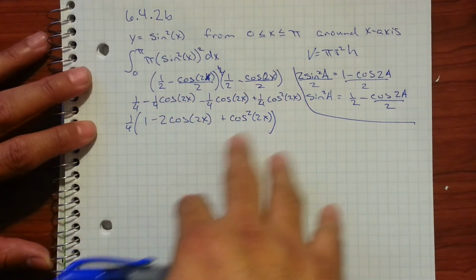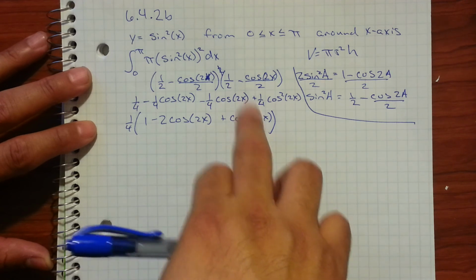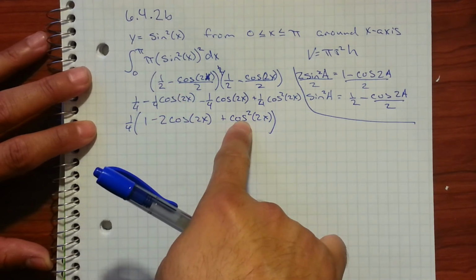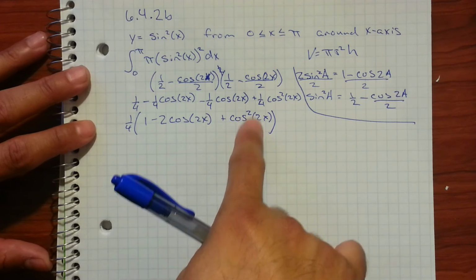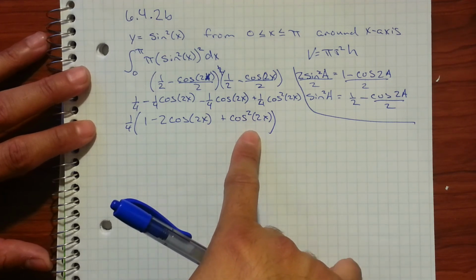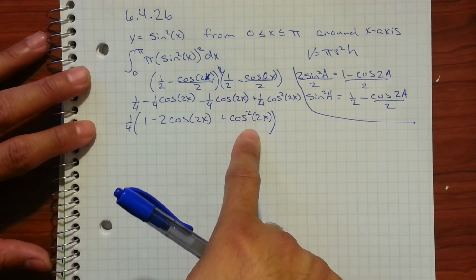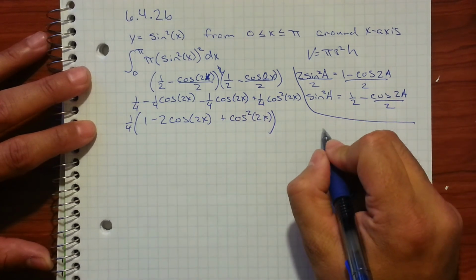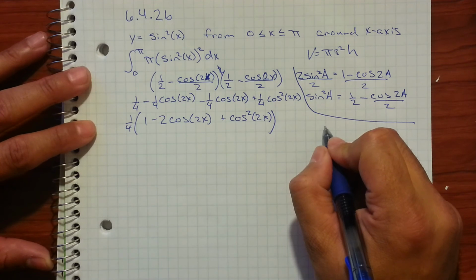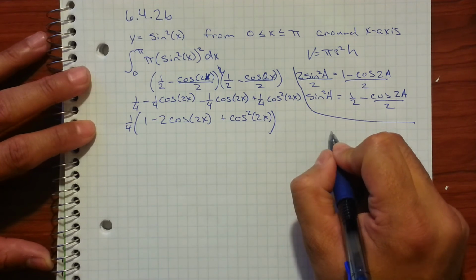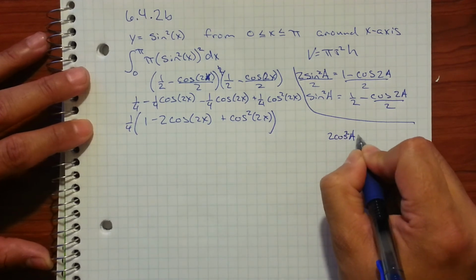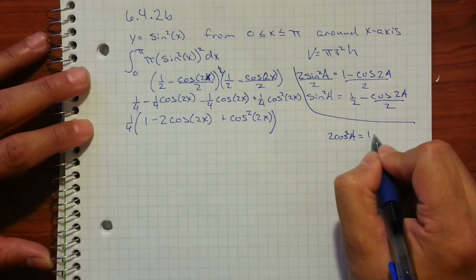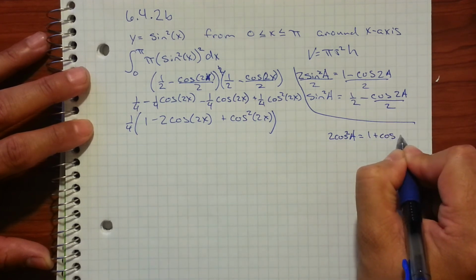So now I've taken care of the first set, so gone through distribution, but now I have another square right here. I cannot do this. I could do this, this, but not this yet. So I could use substitution again. So now my substitution for this next part here is the cosine squared. My identity for this one says that 2 cosine squared A is equal to 1 plus cosine of 2A.